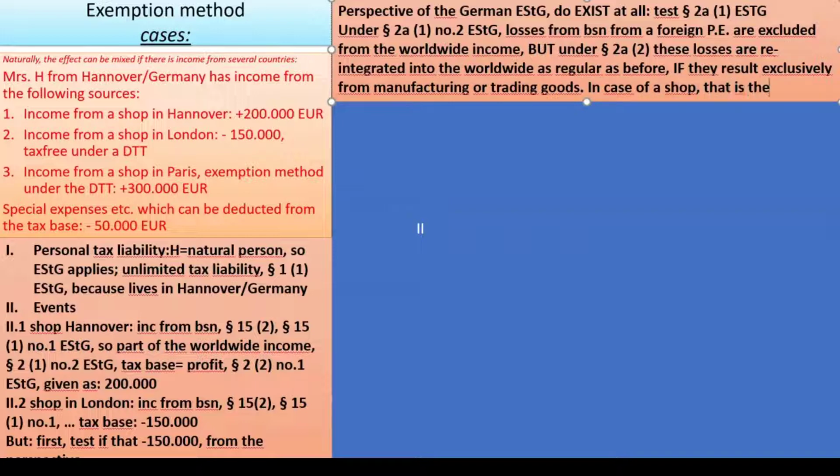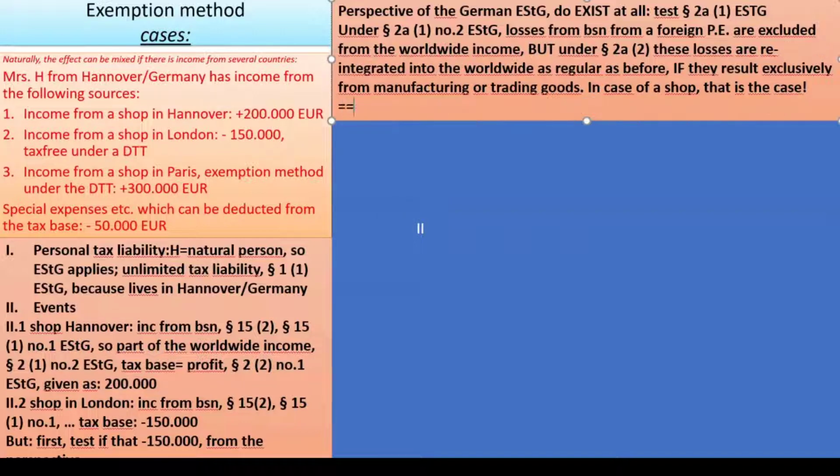That is the case. So the loss exists for German tax law.